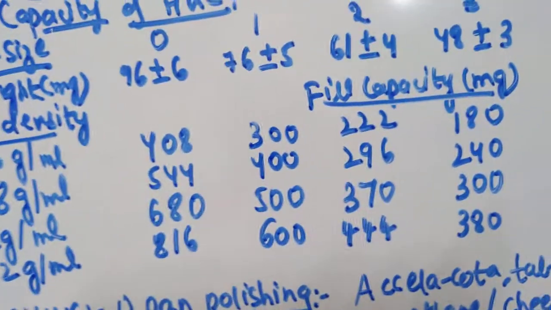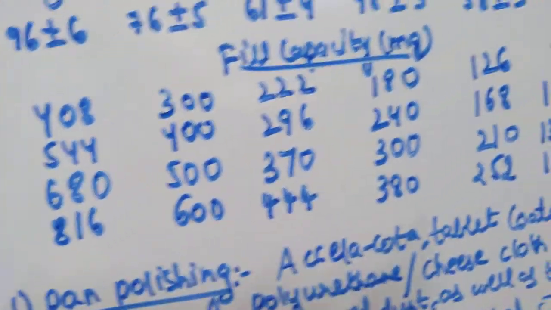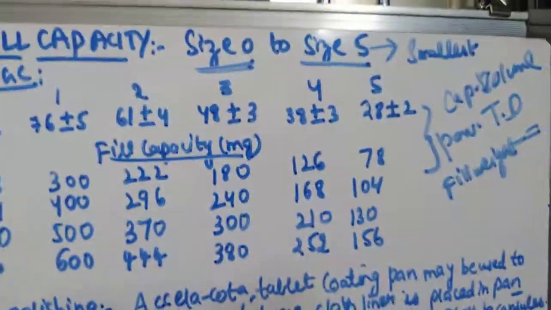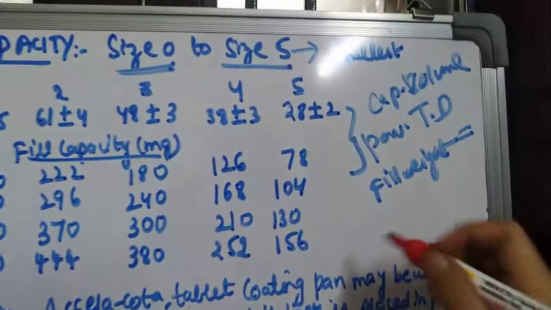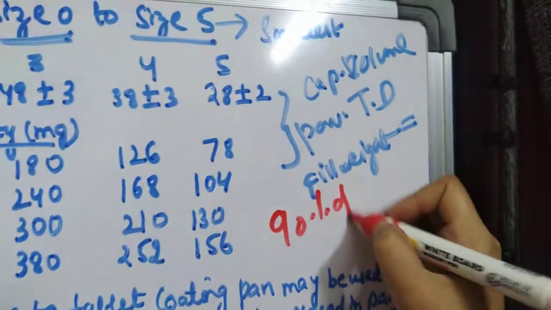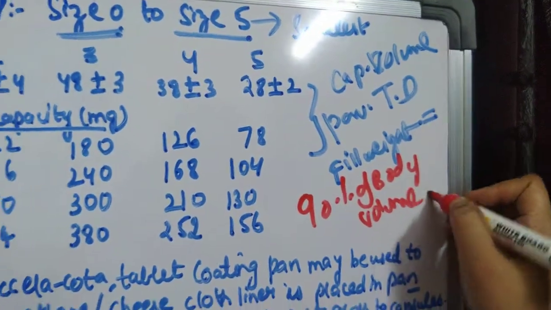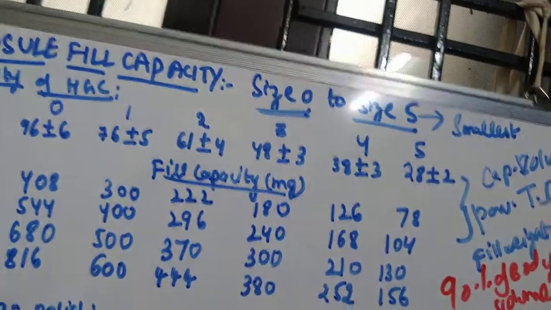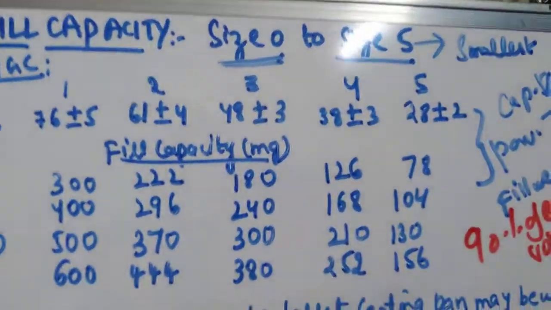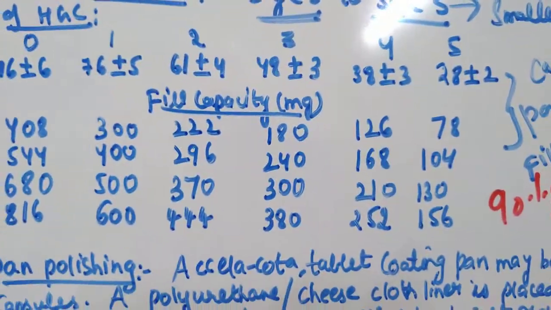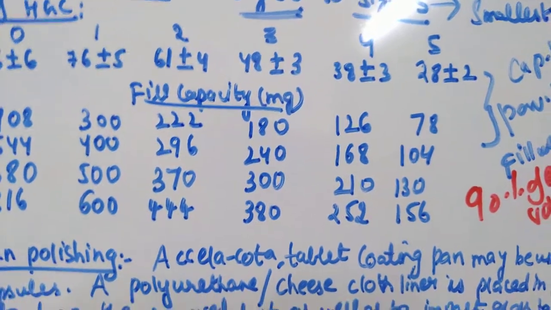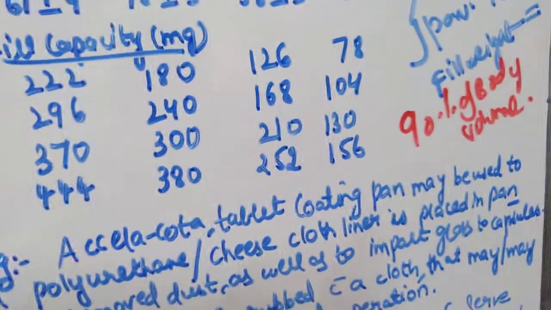The liquid fill capacity is restricted to 90%. Suppose you are filling liquids, it should not exceed 90% of the capsule body volume, in order to prevent spillage of the product.